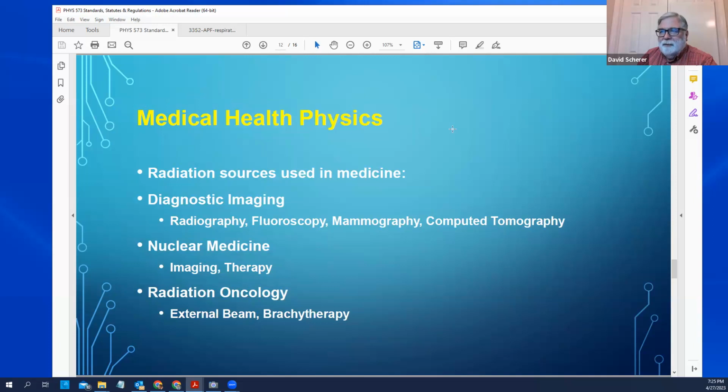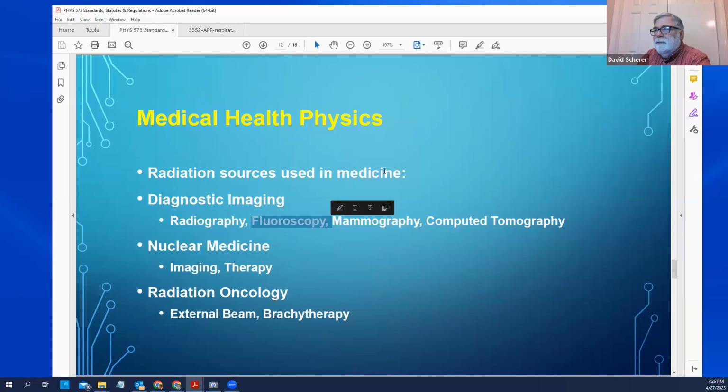I mentioned medical health physics. In the hospital, there are a number of different kinds of radiation sources. One are X-ray sources that are used for taking X-ray images, either static photo-type images called radiography, or dynamic images like a movie called fluoroscopy.